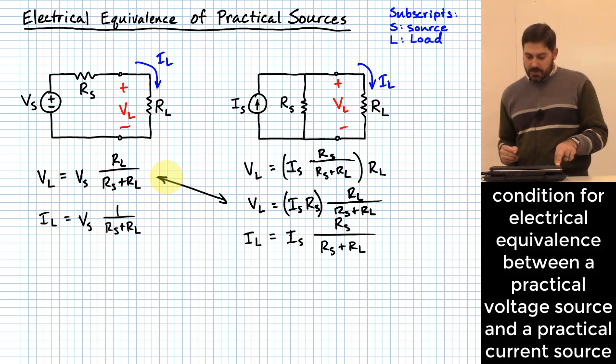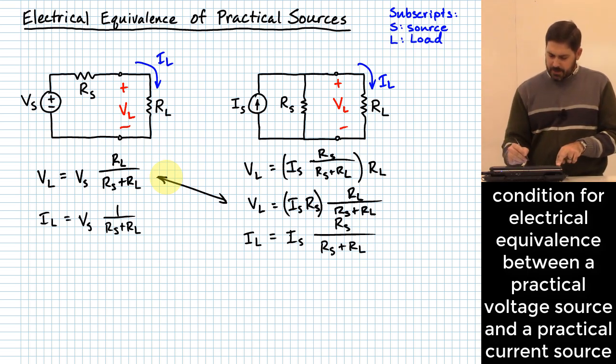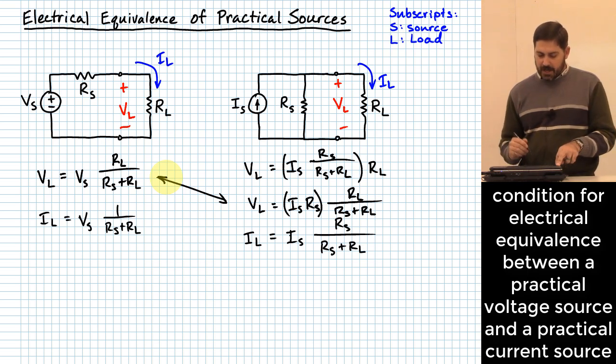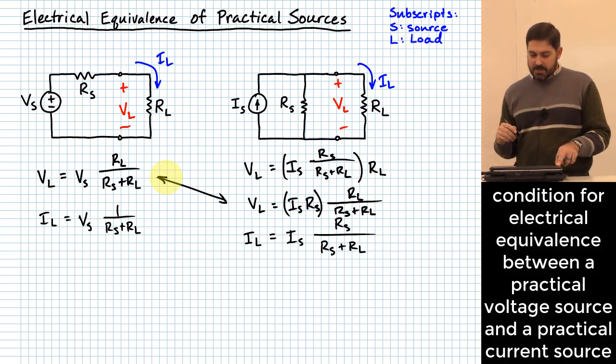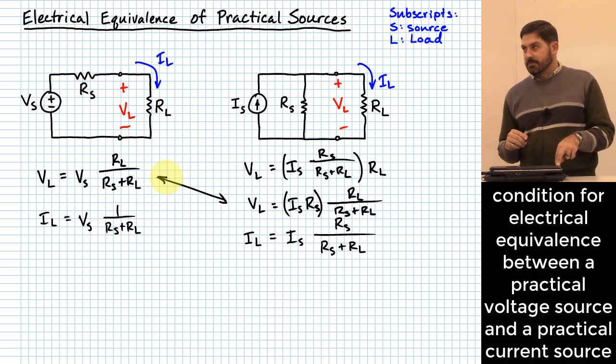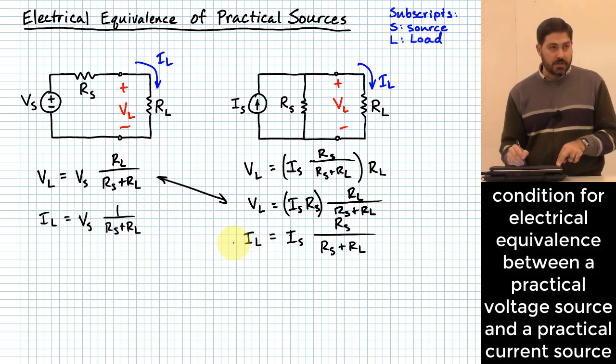Right? So this kind of gives us a little bit of pause to think and say, what if VS was equal to ISRS? Does that still work for the currents? Like if I was to replace anywhere I see VS, I replace it with ISRS. Does it work when I get down to my current equations? Right?